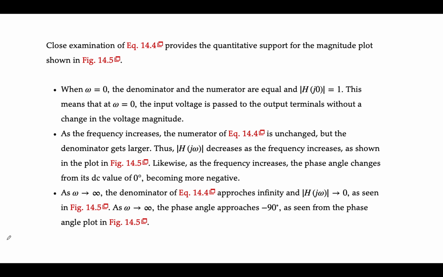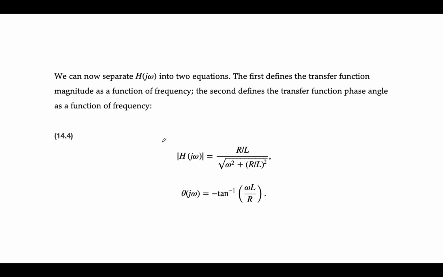So I want to go back and look at this equation. Notice in your magnitude equation, when omega is 0, the magnitude of the transfer function is 1. As omega increases, the denominator increases, which means the magnitude of the transfer function is going to drop below 1.